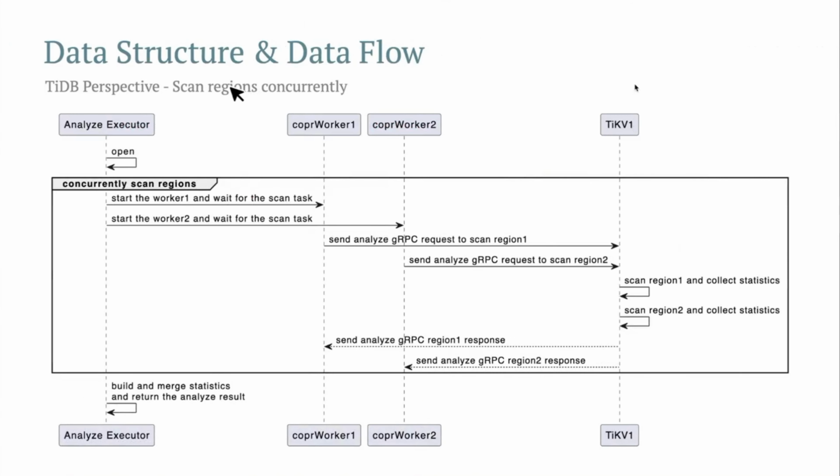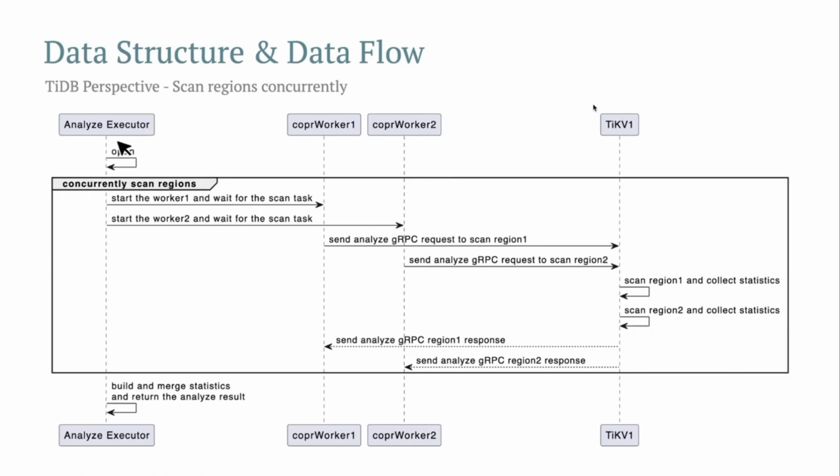So when we analyze a table or partition, we need to scan all the regions of the table to collect the statistic. So to improve the performance, we scan regions concurrently. We still use the same framework of our current execution framework, right?